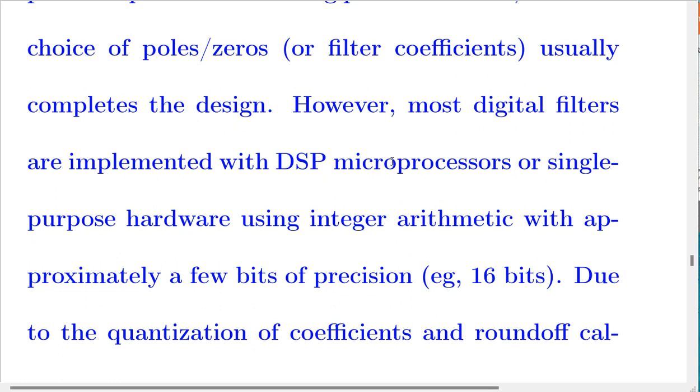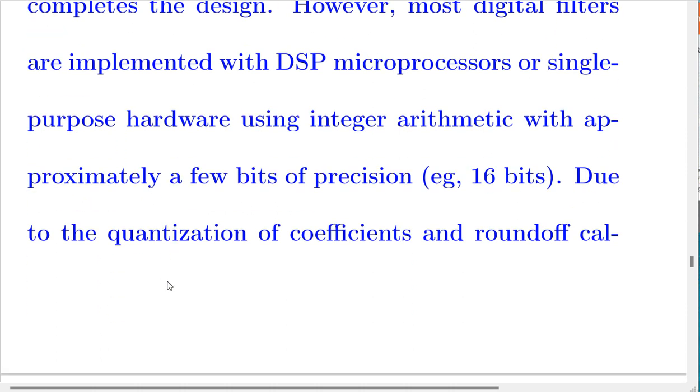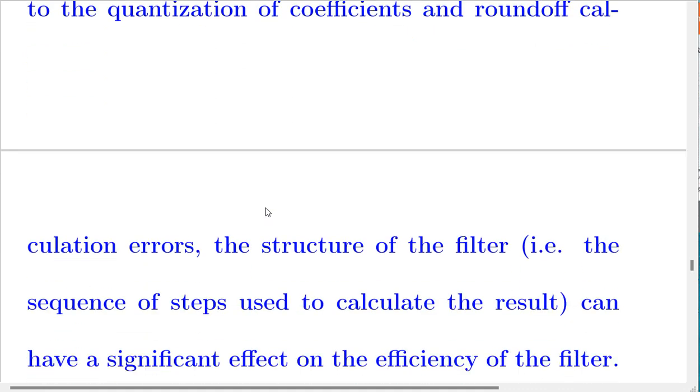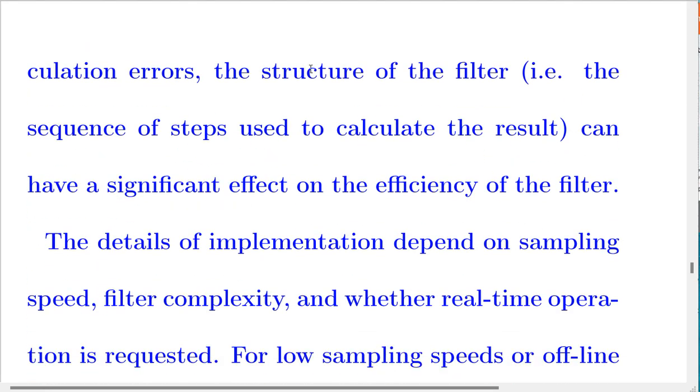I myself have designed the techniques using FPGA as well. But here in this lecture notes, I won't explain it. Anyhow, a few bits of precision, for example, 16 bits. Due to the quantization of coefficients and round-off calculation errors, the structure of the filter, that is, the sequence of steps used to calculate the result, can have a significant effect on the efficiency of the filter.